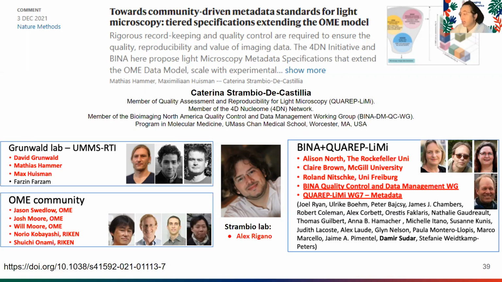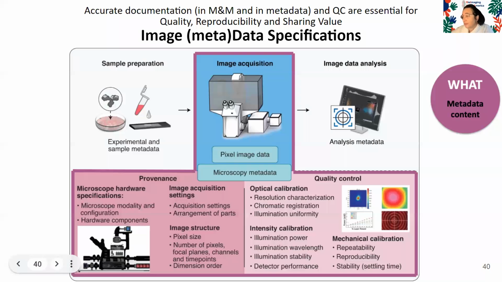So the first paper I'm going to tell you about is really an effort that started from the 4D nucleome community, in particular from the Grunwald lab, and involved the OME community and BINA and QUAREP to devise a shared community-driven specification for what kind of information needs to be captured, both in materials and methods, but also importantly in the metadata associated with images, to capture the image acquisition aspect of the metadata that is required to document an imaging experiment.